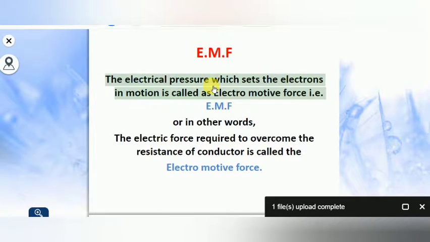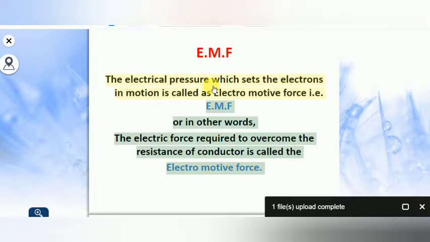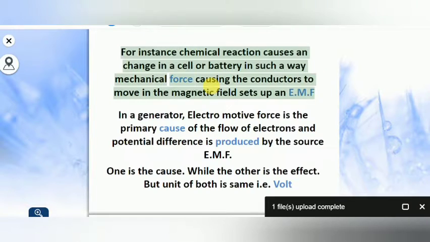E.M.F. The electrical pressure which sets the electrons in motion is called electromotive force, that is E.M.F. In other words, the electric force required to overcome the resistance of a conductor is called the electromotive force.